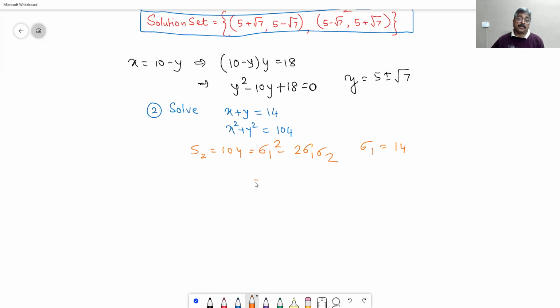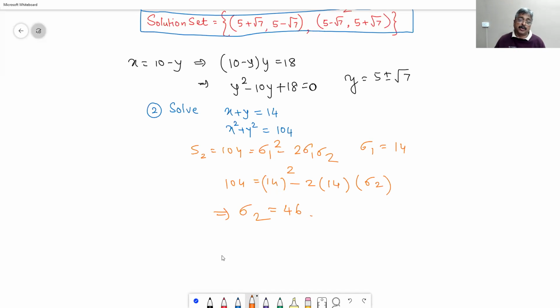Therefore, 104 is equal to 14 raised to 2 minus 2 times 14 into sigma 2. Therefore, if you solve, you get sigma 2 is equal to 46. Do some calculations and get this 46.